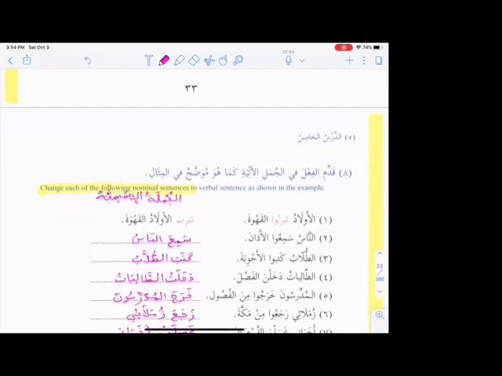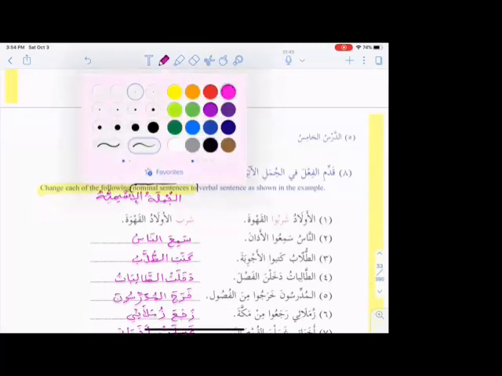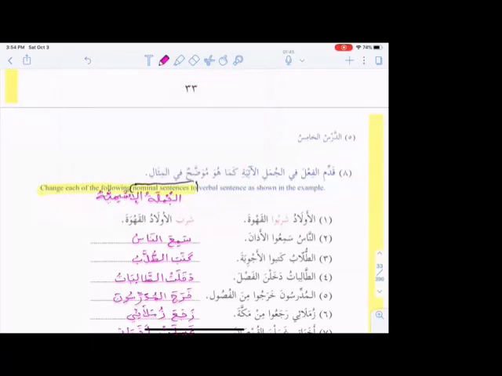That is the meaning of nominal sentence. Did you get the idea? Inshallah. Fine. So change each of the following nominal sentences to verbal sentence. So this is what this requires.